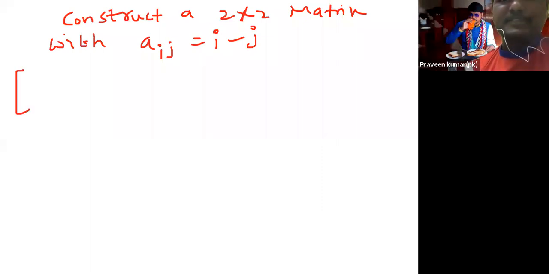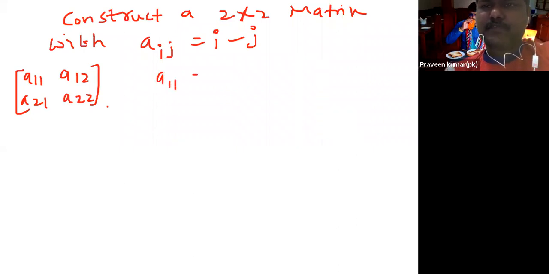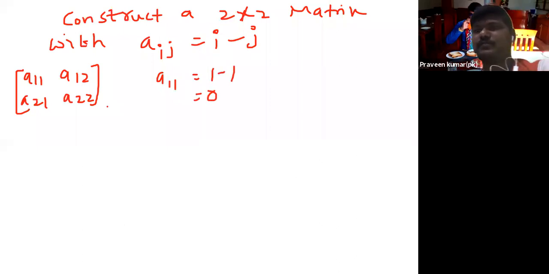2 by 2 matrix means we have A11, A12, A21, A22. Correct? First you can find A11. How much A11 value? 1 minus 1 is 0.